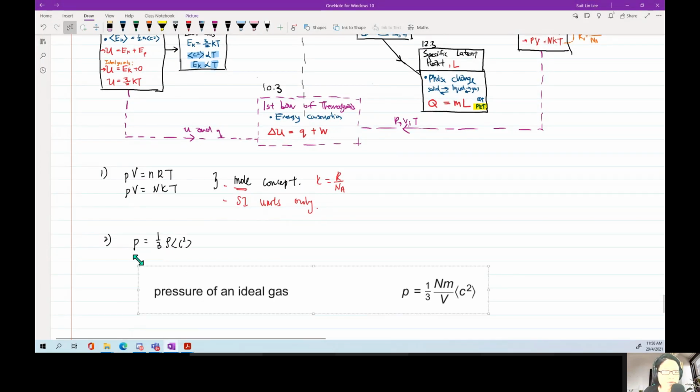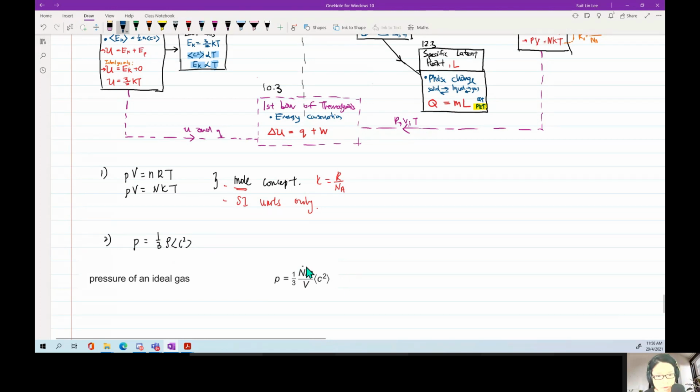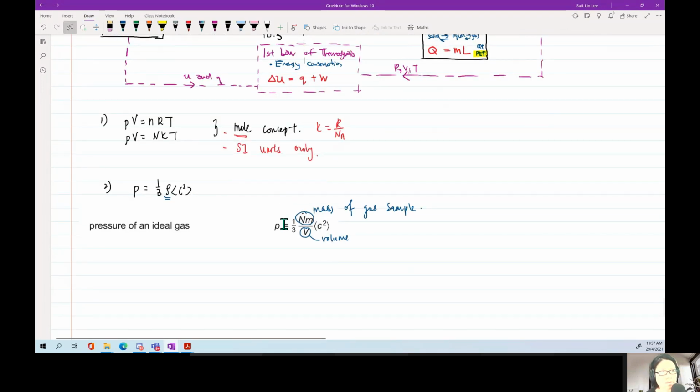But it is given to you in this format. They are the same thing. This Nm is the total mass, the mass of the gas sample. And this V is volume. Mass over volume is density. What is c square? c square here is your mean square speed. The bracket is mean, the power 2 is square, and speeds.